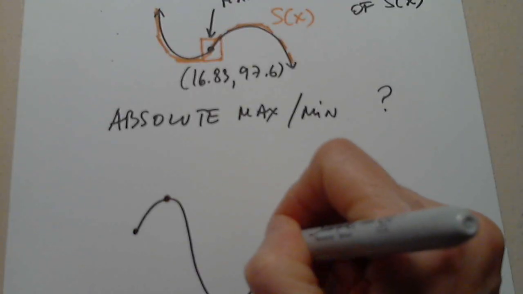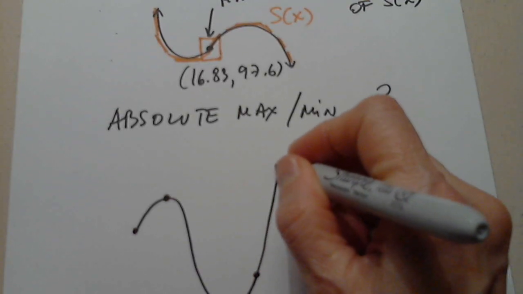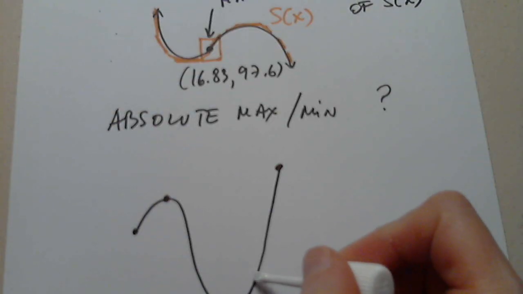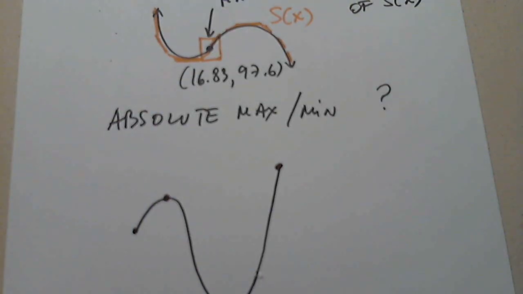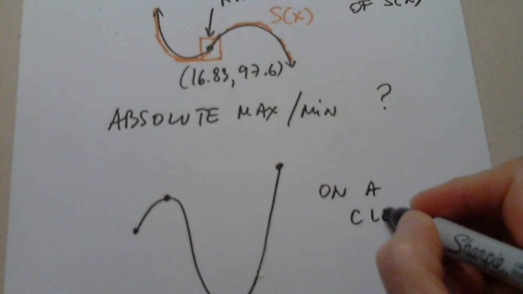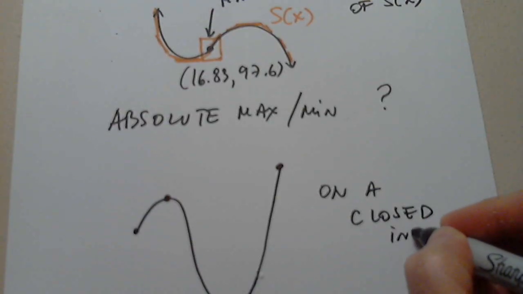I'm going to do this, sorry. I'll explain why. So here's a function. And in this function, as you notice, this is on a closed interval.